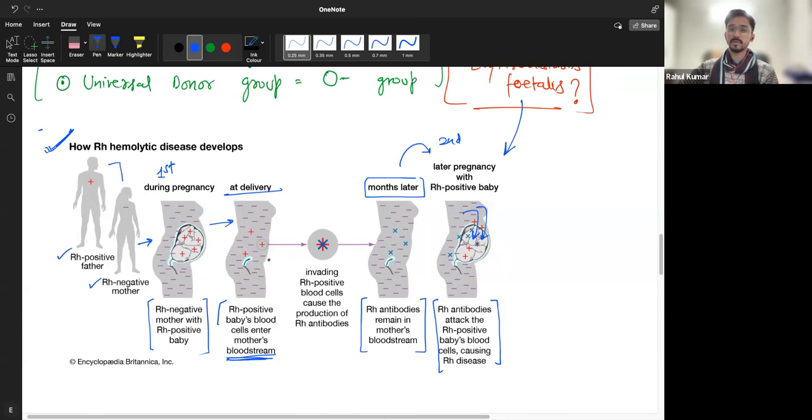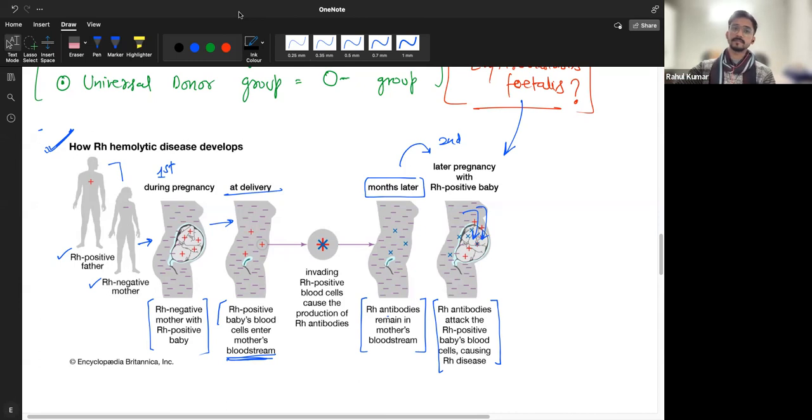Put antibodies from outside, the same way the mother's body would clear them. The mother's body will start producing anti-Rh antibodies, and they attack the Rh positive cells and kill them. So before the mother's anti-Rh antibodies start to be produced, you inject anti-Rh antibodies from outside and kill those cells. So the mother's immune system will never know there were such cells.